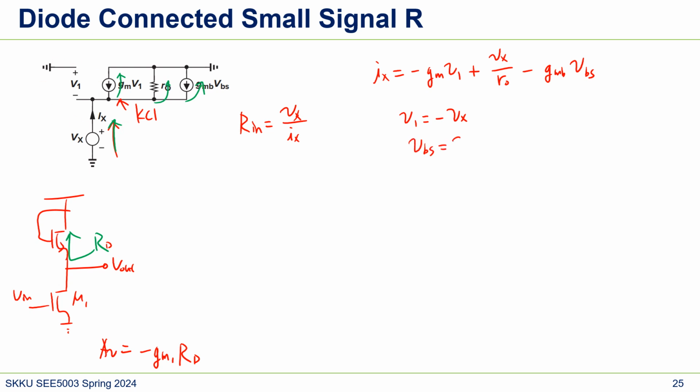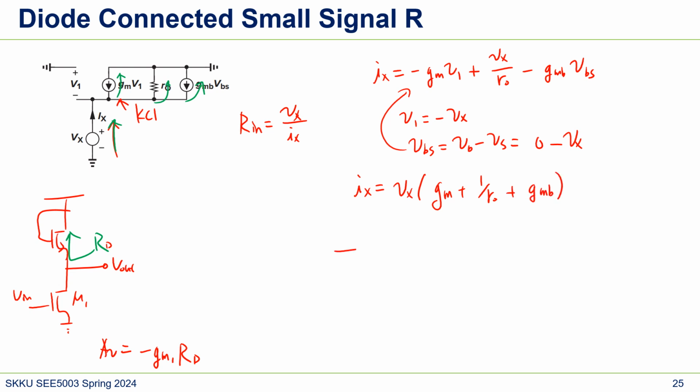VBS is VB minus VS, and VB is 0, because the NMOS bulk is connected to 0, and VS is also VX, right? If we substitute this here, it turns out IX is VX times GM plus 1 over RO plus GMB.